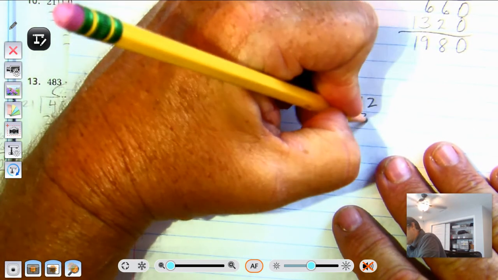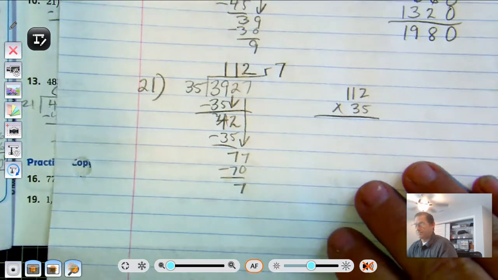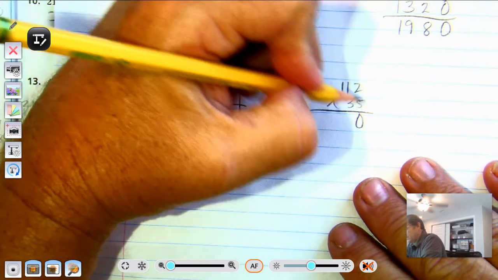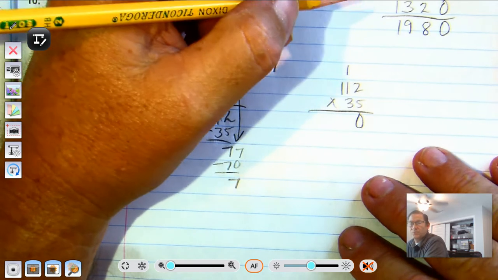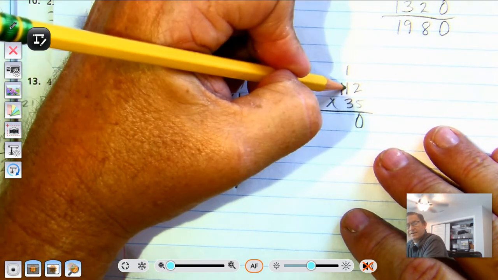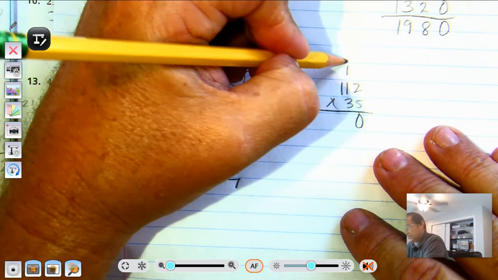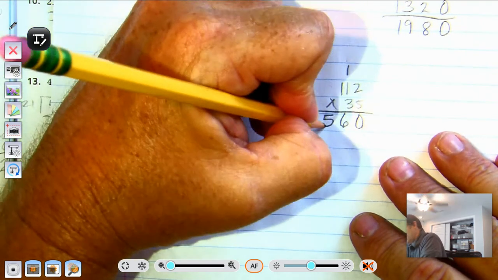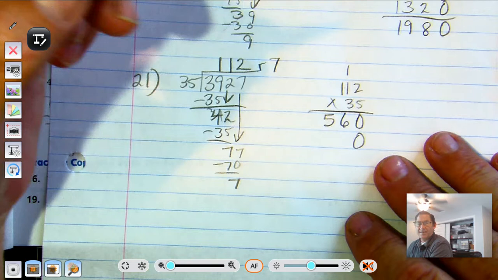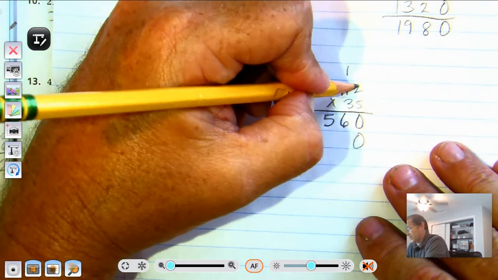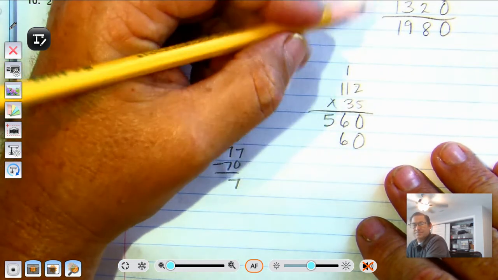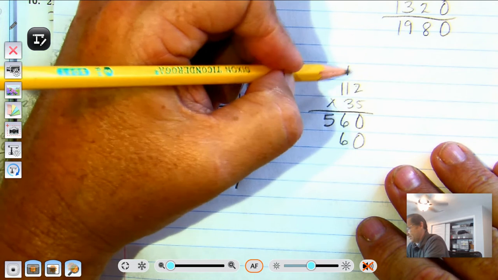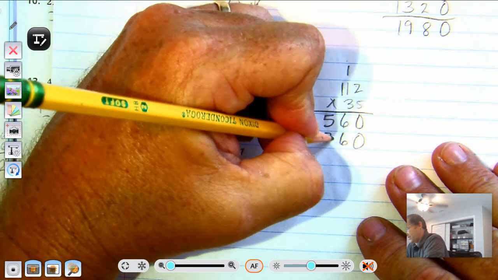112 times 35. 5 times 2 is 10 ones, regroup as 1 ten and 0 ones. 5 times 1 ten is 5 tens, plus the regrouped 10 is 6. And 5 times 100 is 500. Move to the tens place. 30 times 2 is 60. 30 times 10 is 300.